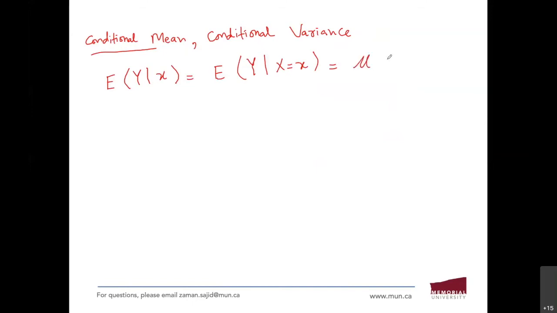Now because it is a conditional and I'm interested in y given x, this mean should have a subscript of y given x. And how do we find it? We take our conditional probability mass function. Now in this I need to have it in terms of y given x. In the previous slide we have x given y. I will also write down that formula.